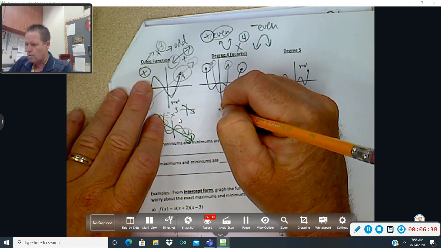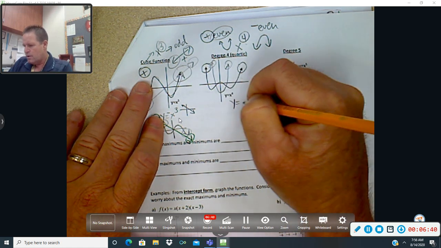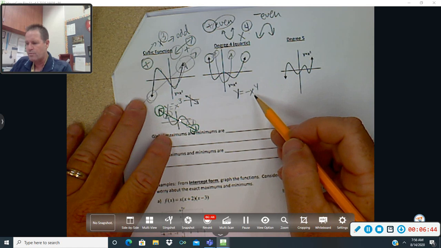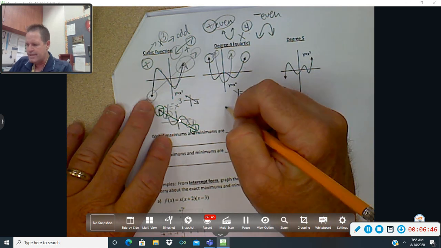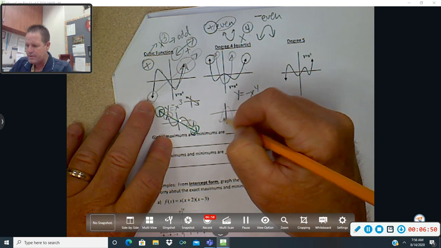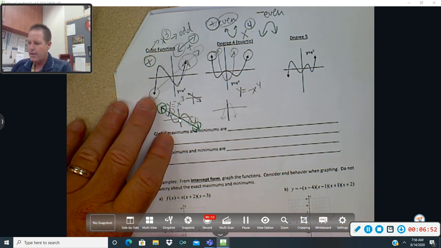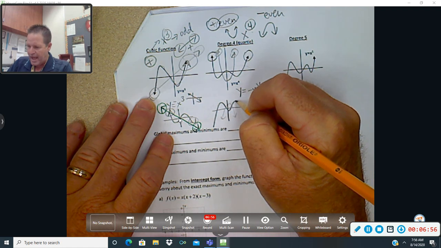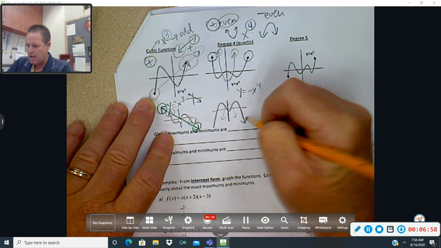Now, if it was y equals negative x to the fourth, some quartic equation that's negative, it would act like a negative parabola. This is what I'd be thinking in my mind. So it would start low, do its thing, whatever that is, and then it would have to end low.